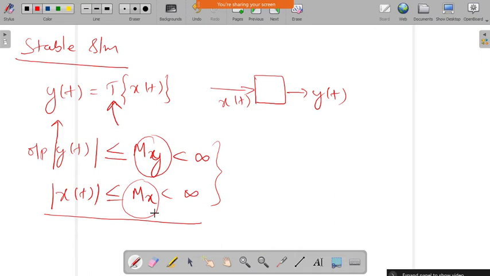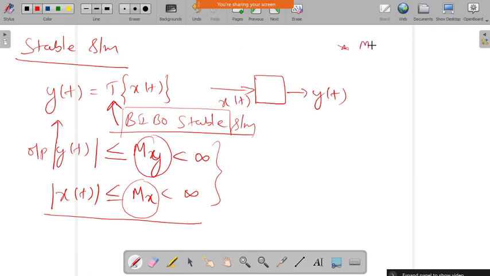That's why this system is called BIBO stable. What is BIBO stable? For bounded input there is a bounded output, so that's why it is called a BIBO stable system.